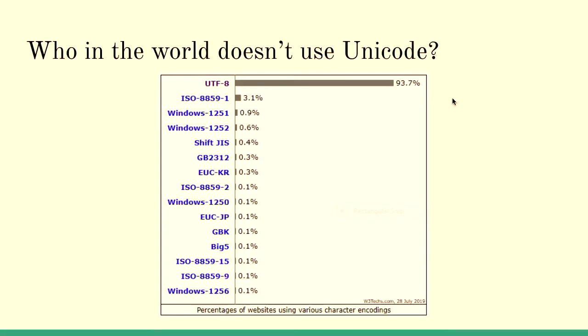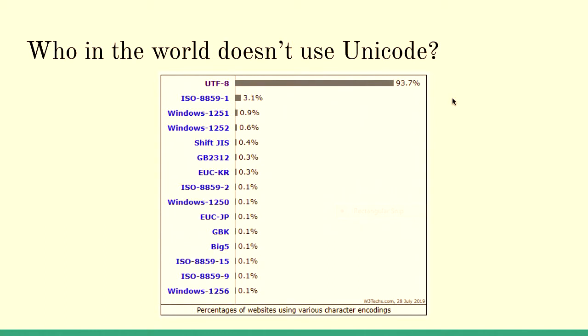So let's take a little look at how Unicode is used in the wild. We'll probably ask ourselves, who in the world doesn't use Unicode? In the survey by w3techs.com, UTF-8 is used by 93% of websites. But then there are the 7% of websites that don't use Unicode.